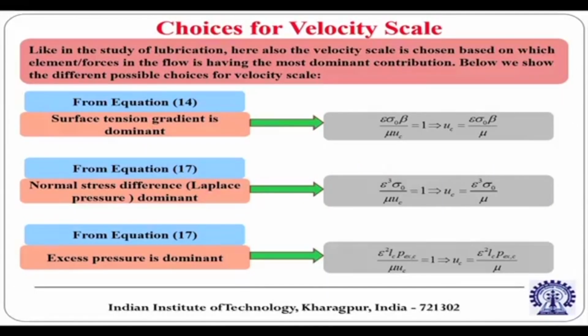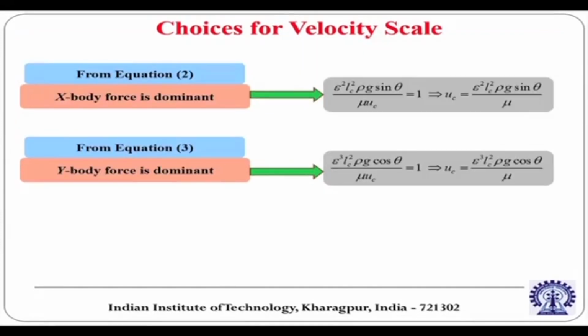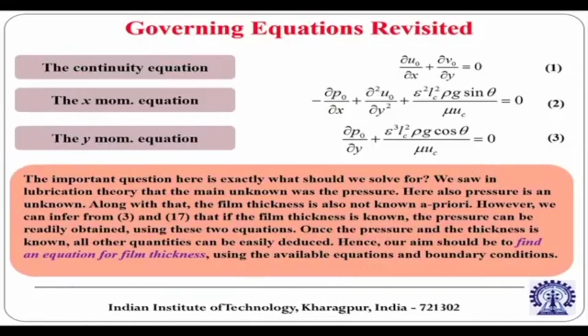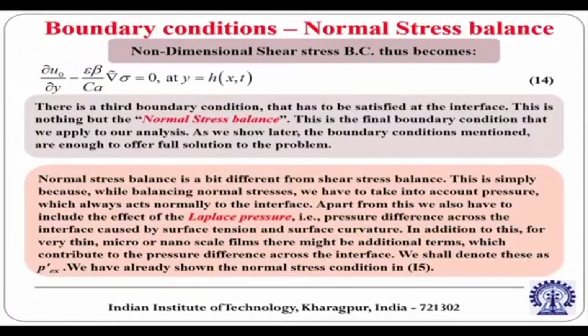Now one very important task that is still left is what is UC and what is VC. That depends on what is dominating. If the surface tension gradient is dominating, and surface tension gradient means the tangential gradient of surface tension, let us look into the equation from which we get the scale.